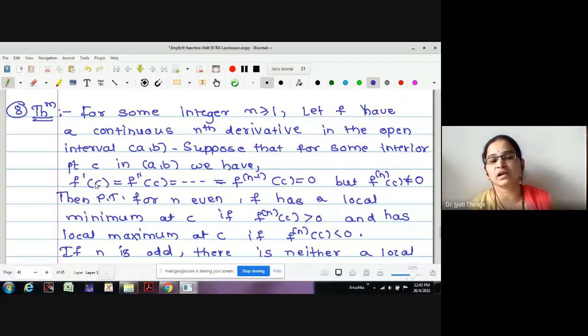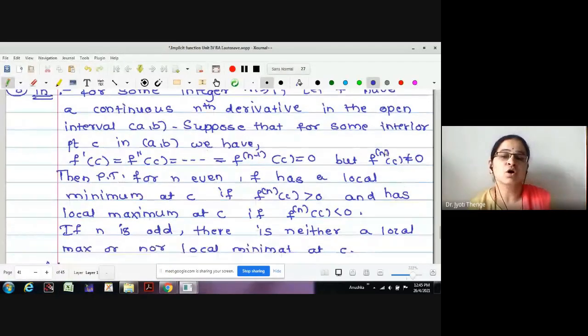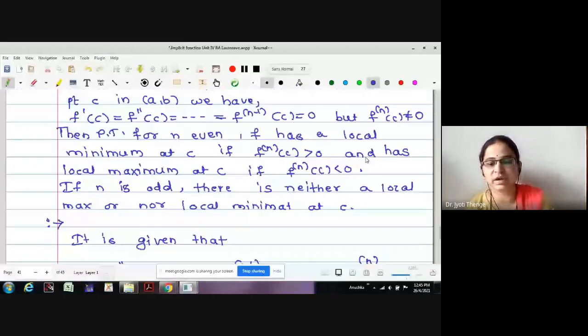Then we will find the values of all the derivatives at the same point c. Then we are interested in finding the order of the first non-zero derivative at the point c. If that order n is even, then we can predict the maxima or minima. If n is odd, there is no maxima, no minima. This is what the statement tells us.